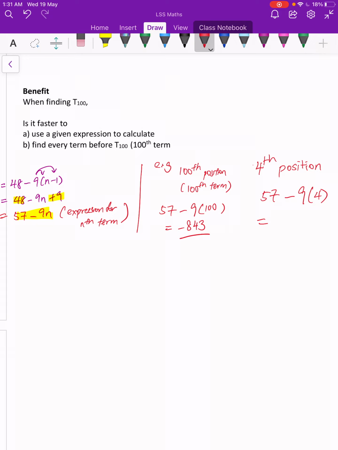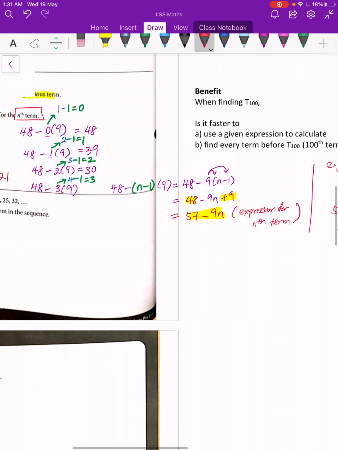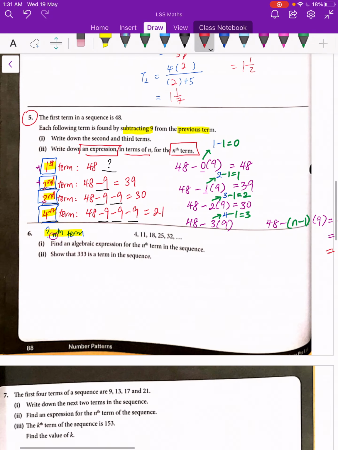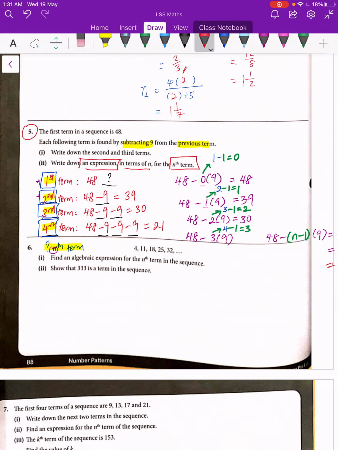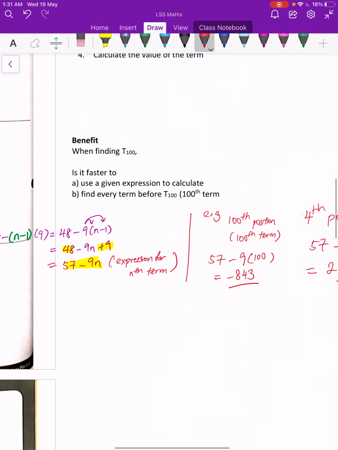And if you check the answer, 57 minus 36 will be 21. So this 21 is what we found previously. So we know that the 4th term is actually 21. This means that our expression in terms of n for the n term is correct.